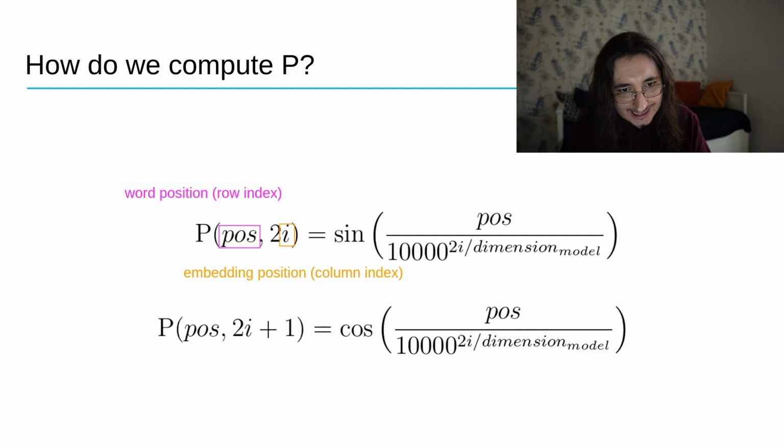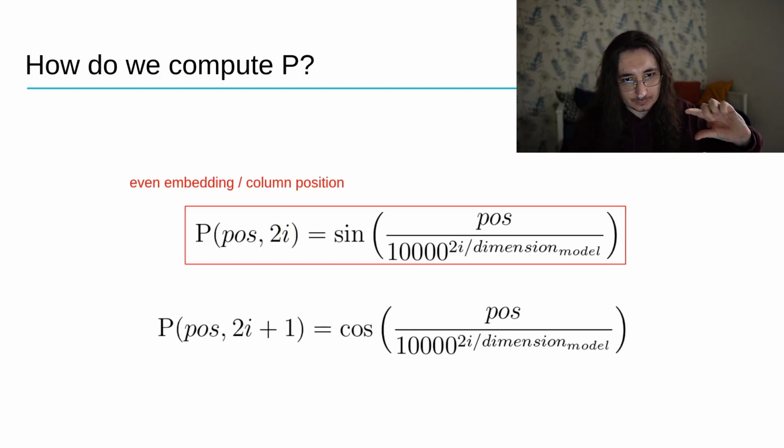Okay, so what we say here is that we're going to be using the above formula that uses sine for the even embedding positions or even column positions. And we know that these are even because it's 2i. Whenever we are at any row position, but only at even positions, we're going to be using this formula.